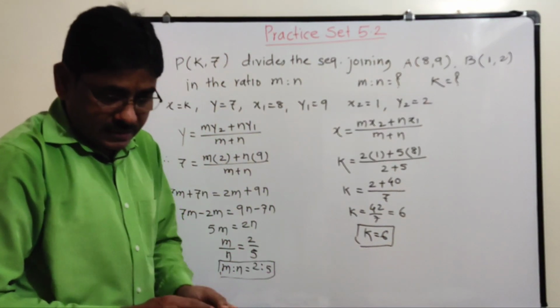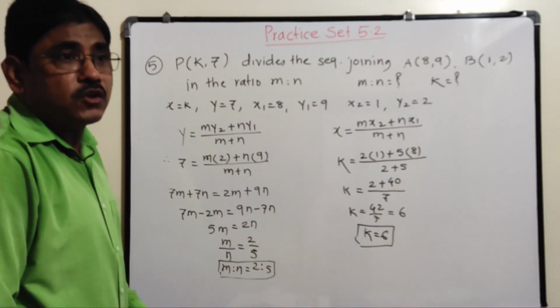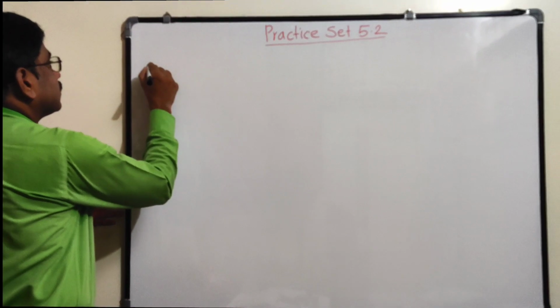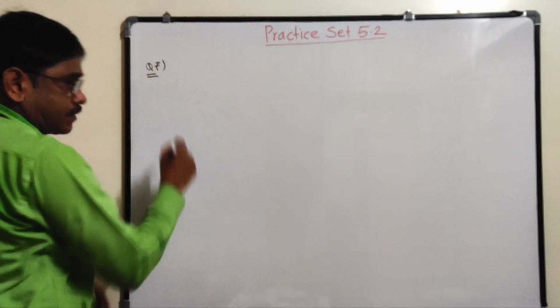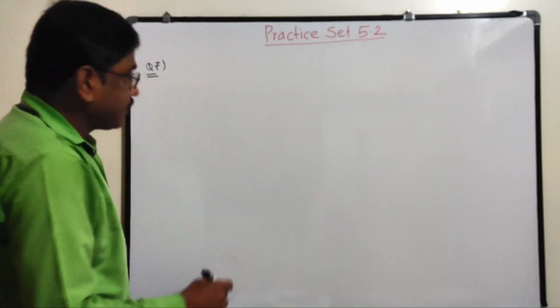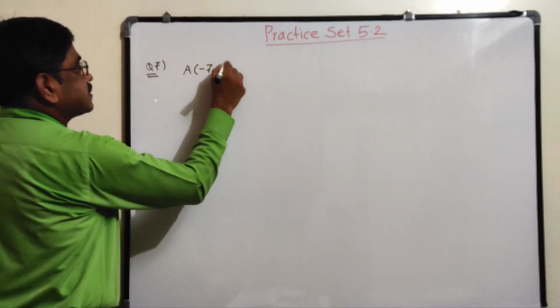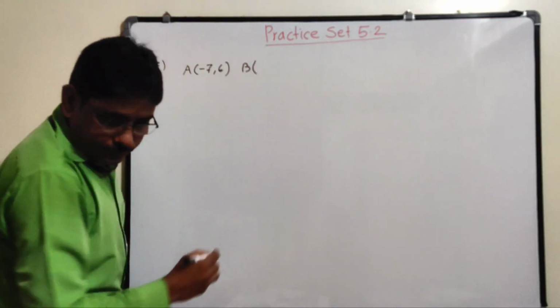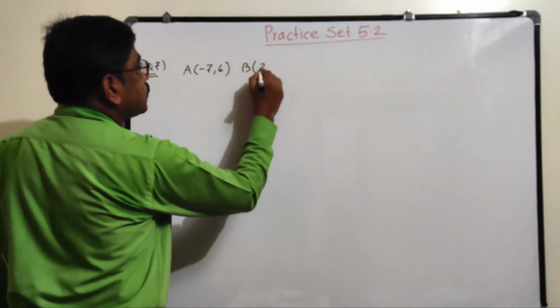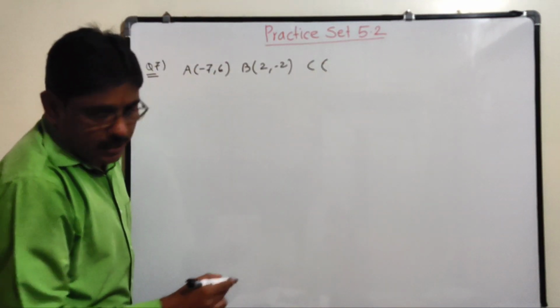Now directly see the seventh sum. Here we have to use that centroid formula. Question number 7. Find the centroid of the triangles. So here, suppose these points are A minus 7, 6, B 2, minus 2, and C is 8, 5.